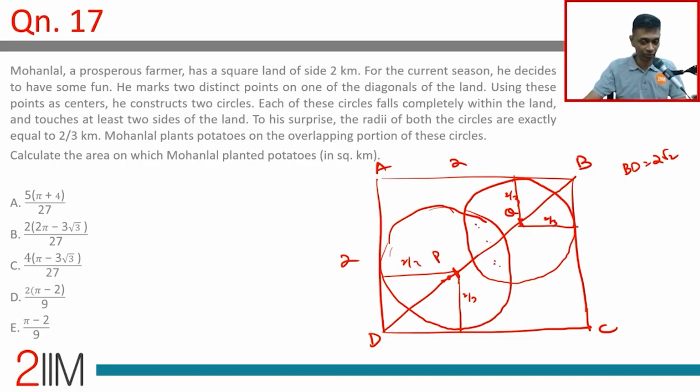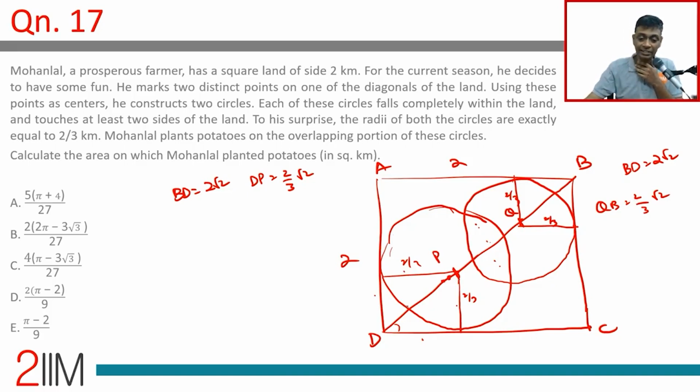He plants potatoes. Let's find some simple lengths. We know BD is 2 root 2. A nice square. So DP is 2 by 3 root 2. The square. A 45-degree angle. QB is also 2 by 3 root 2.